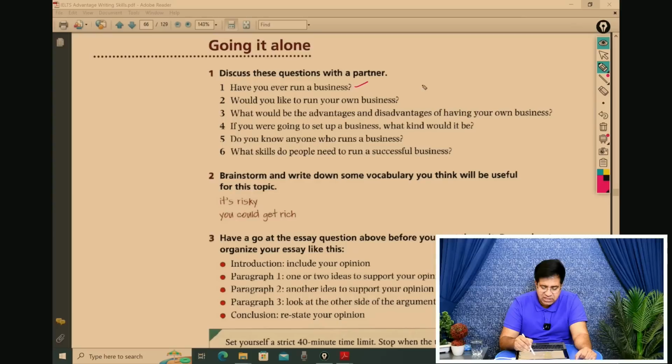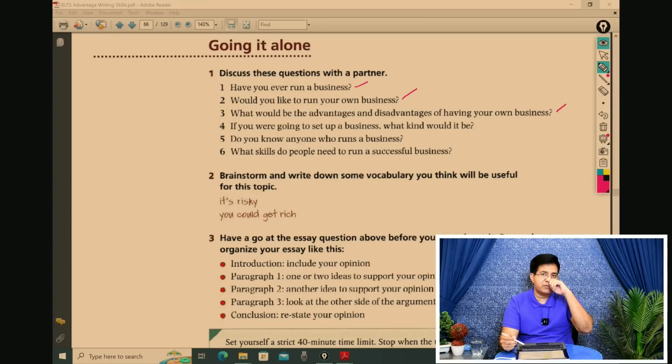After having this topic, you can have a little discussion on it. Have you ever run a business, or has anybody ever run a business? Would you like to run your own business, or would you like to go for a job? What would be the advantages and disadvantages of having your own business? This is for your brainstorming.